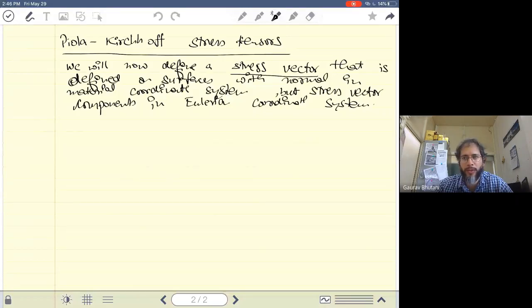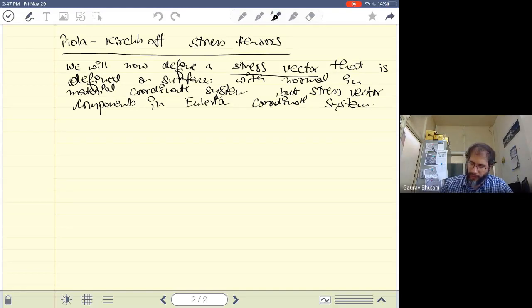One is the normal on which it is defined, and the other is the three components of the stress vector. In this case, we define the stress vector so that the normal on which it is defined is written in its material description, whereas the three components of the stress vector are written in the Eulerian coordinate system.